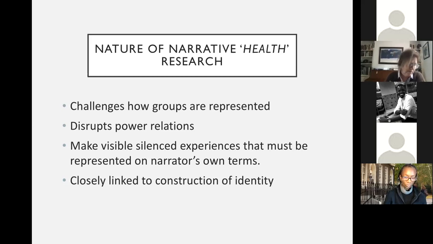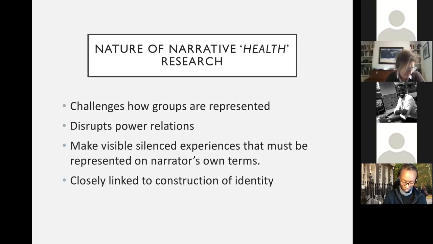So the nature of narrative in research that involves health or the medicalization of bodies is much more, at least from where I'm standing, about challenging the way in which particular groups, particular key populations are represented in academia, in the world of non-governmental organizations, in the media.